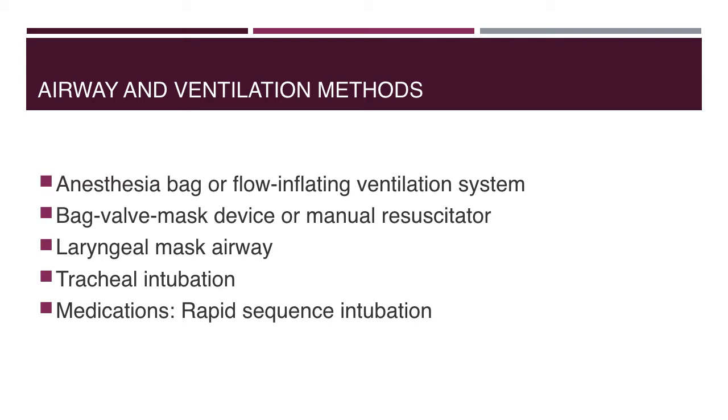It can also include a paralytic agent or a hypnotic or analgesic like fentanyl, and they're usually given IV so that the child or the adult don't remember or feel the intubation procedure.